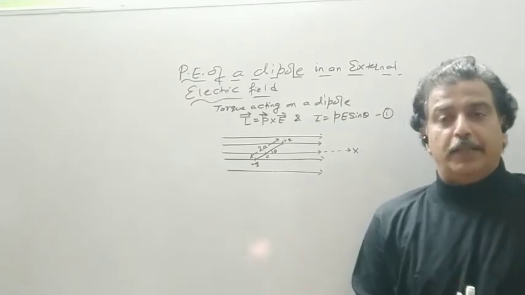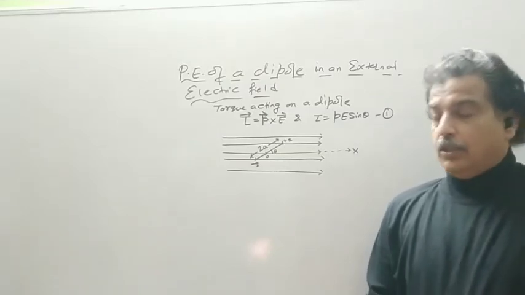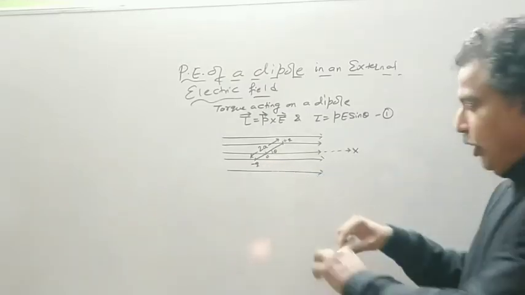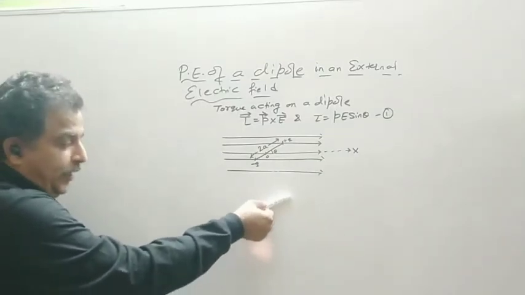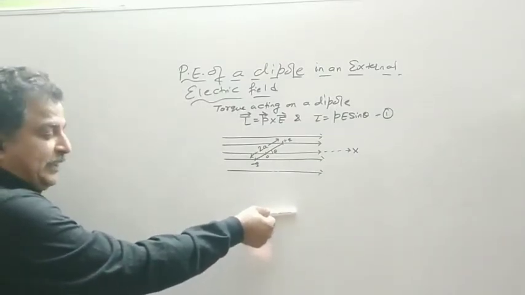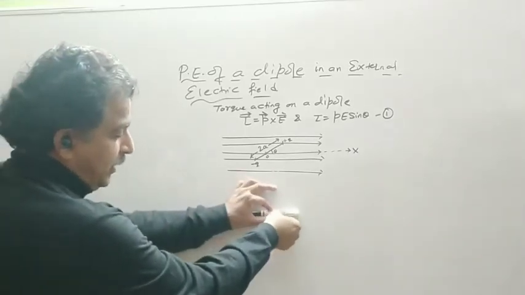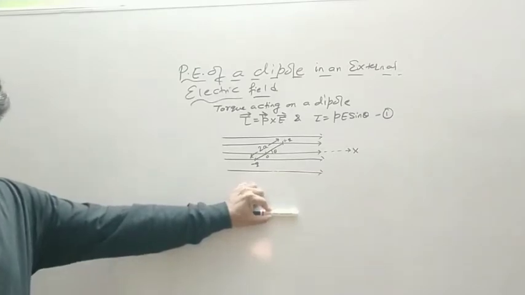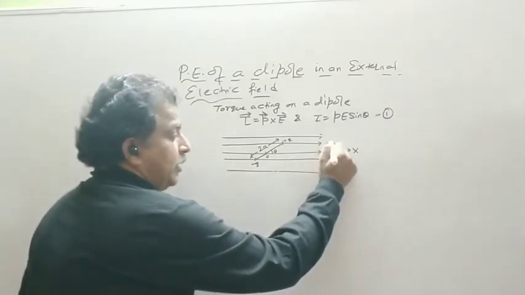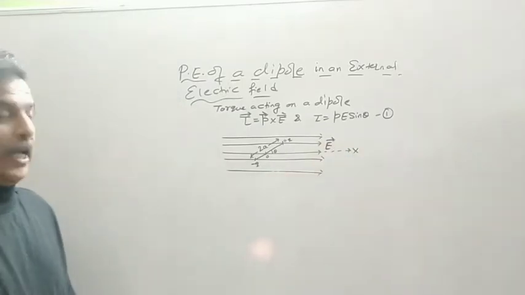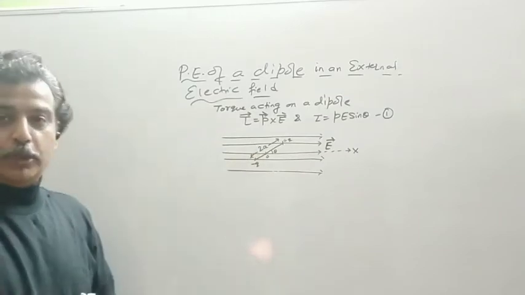Whatever energy you spend, it will be stored in the form of potential energy. So when this dipole is placed in an external electric field, it rotates and gets aligned. Now if I rotate it and keep it at an angle of 30 degrees, clearly you will be doing work against the external electric field, because the external electric field will not allow the dipole to rotate.